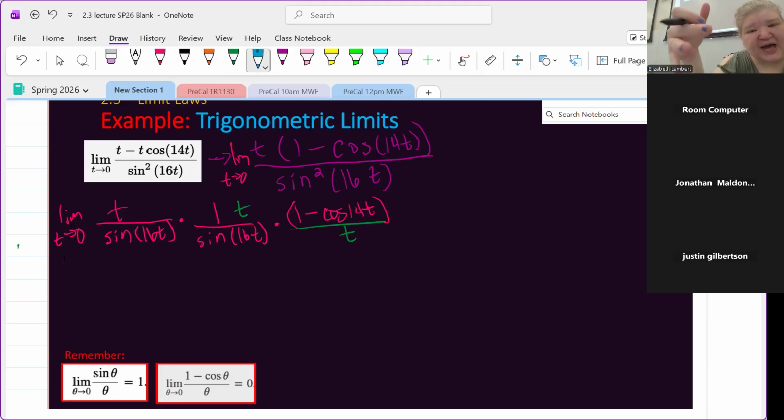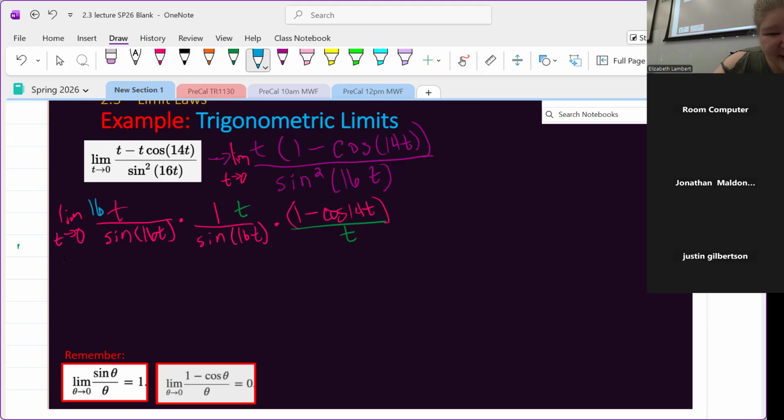Now, again, without the colors, it looks like I just threw those in there and they came from nowhere. But I'm making this choice deliberately after I broke them all apart into individual fractions. Now, I also need to attend to the number parts. So I've got t over sine 16t. I need this t to have a 16 on top.